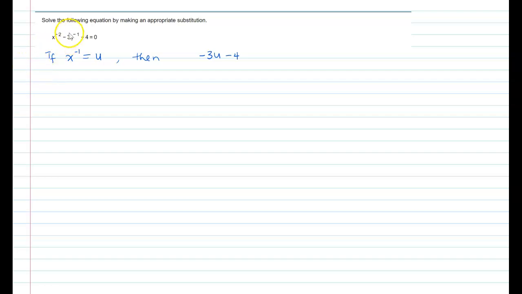Now what about the first term? Notice that if you square x to the negative 1, that is the same as x to the negative 2. So if I square x to the negative 1, I can also square u. So x to the negative 2 is just u squared. Therefore, the first term here will just be u squared.